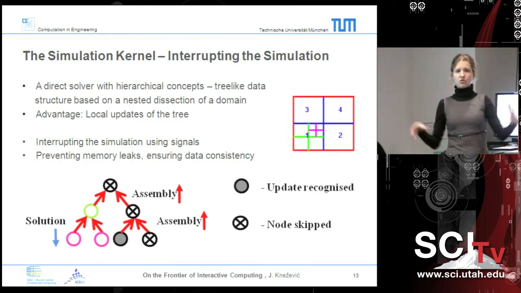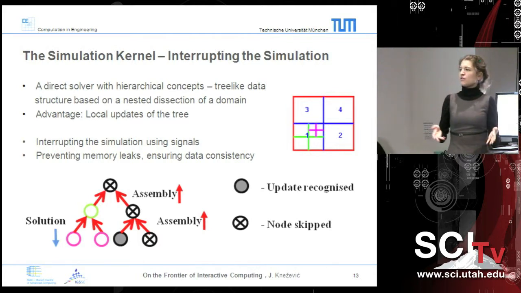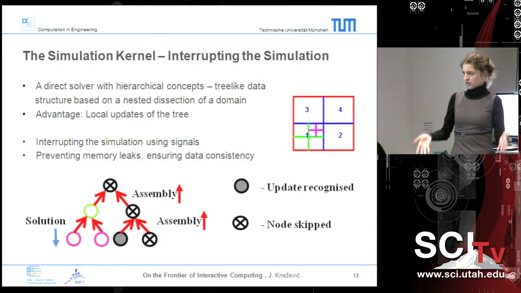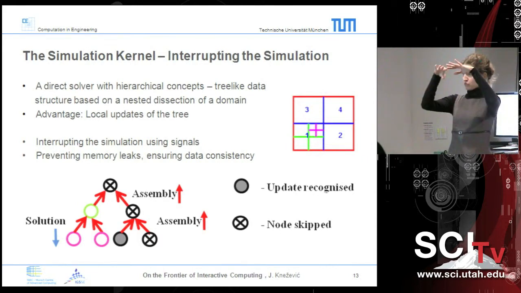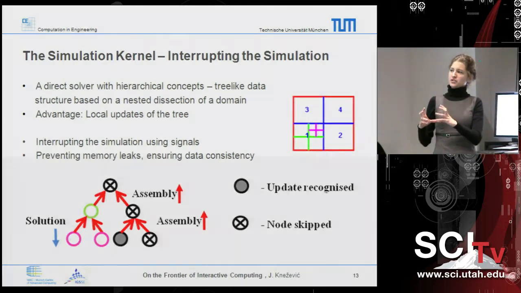So in this solver, let's call it like this, we have assembly and solution coupled, kind of. So first we do assembly bottom up, and then we do solution top down. So while we're doing assembly, which is most time consuming, if something happens on the user side, we're in the middle of processing one node.